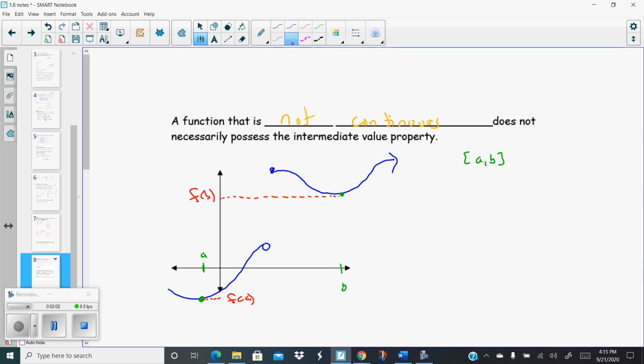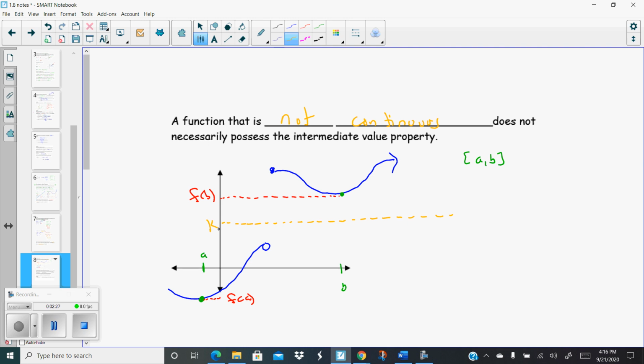And the reason that that's important is because I'm going to put a k value in here that obviously is in between f of A and f of B, but never hits the function. There's no c value that's going to give me that specific k value in this case. So there are ways that the intermediate value property might not work.